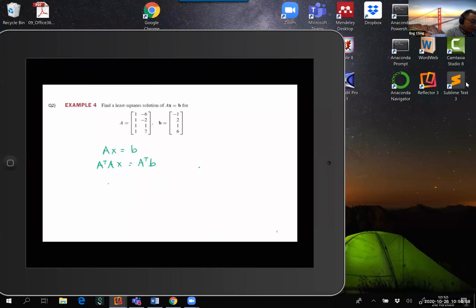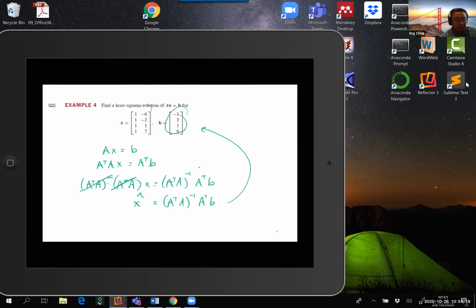And then we found this first, and then we plug in all the values into this equation and we solve.